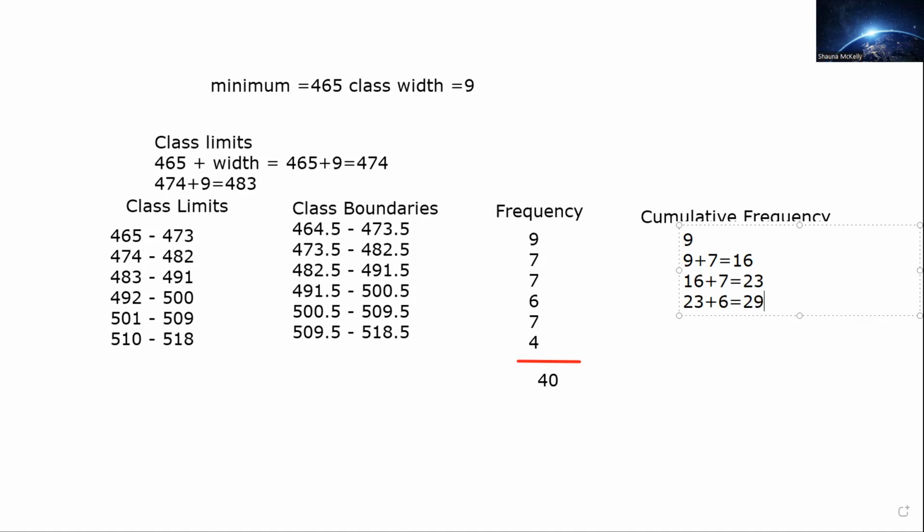You add 29 plus the frequency below it. So you get 7 here. That's 36. And 36 plus 4 is 40.